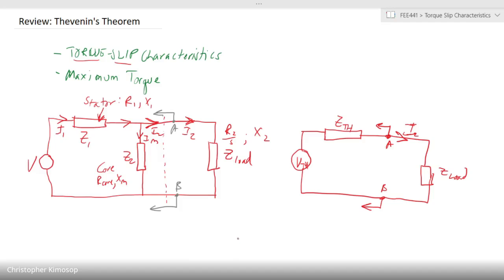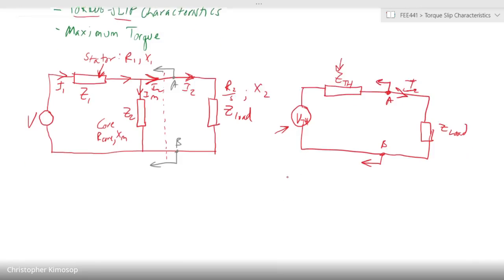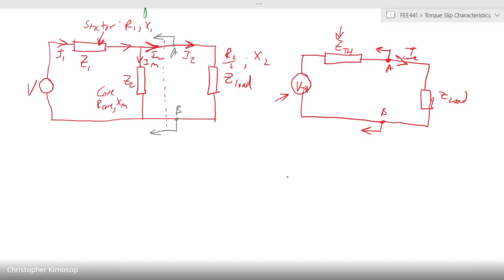Bearing that in mind, we would now find what this Thevenin impedance and this Thevenin voltage are. Let's start with Z Thevenin. We short circuit the voltage, in which case the circuit would now look like this.